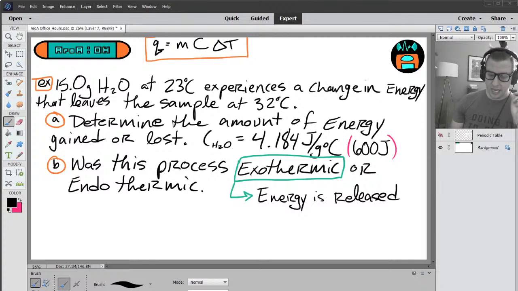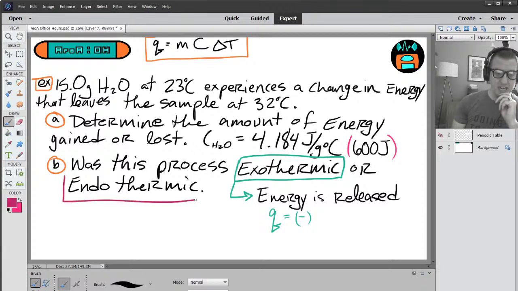Exothermic, energy is being released. When energy is released, your value for Q will be negative. All right. Endothermic, by way of reminder, means that energy is absorbed.